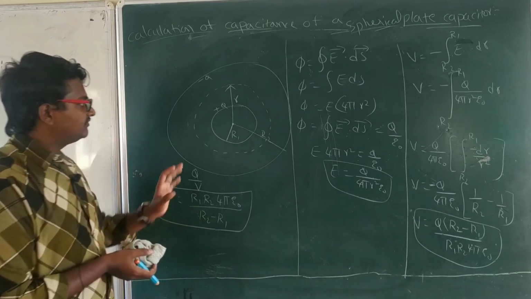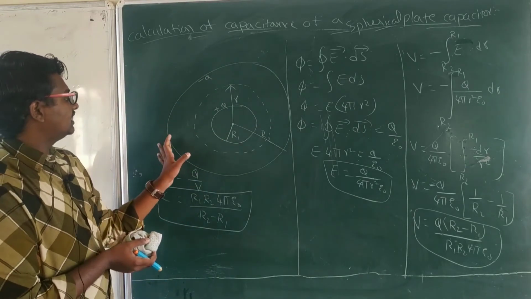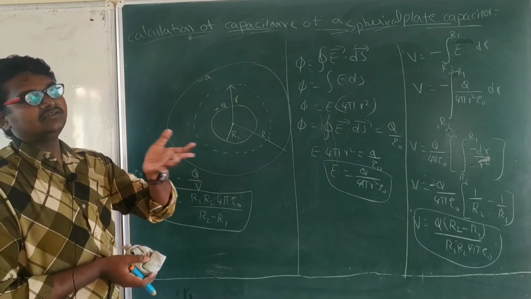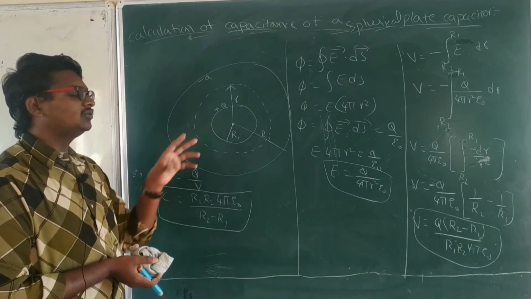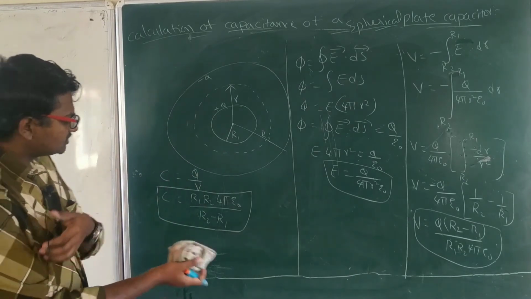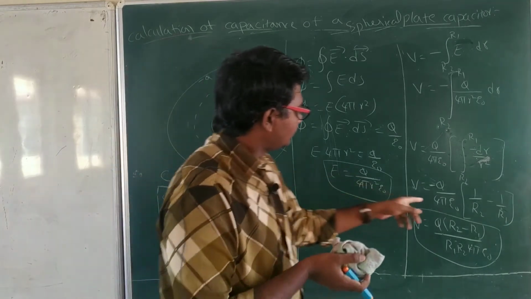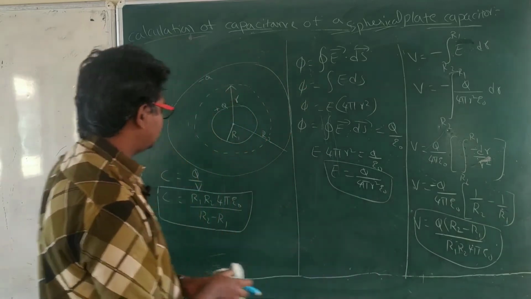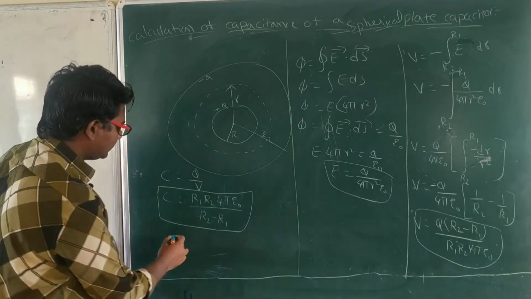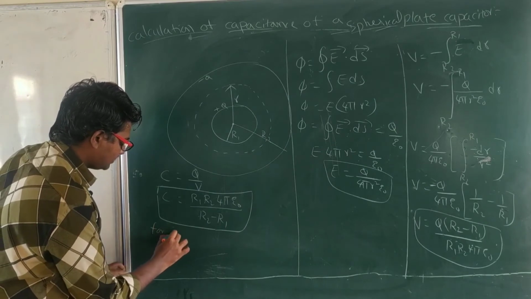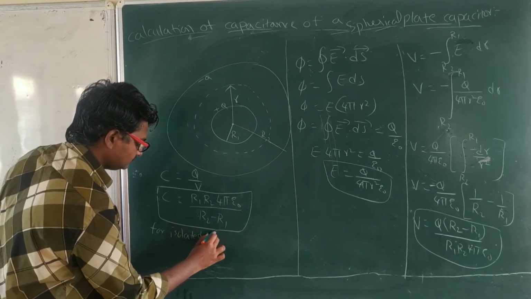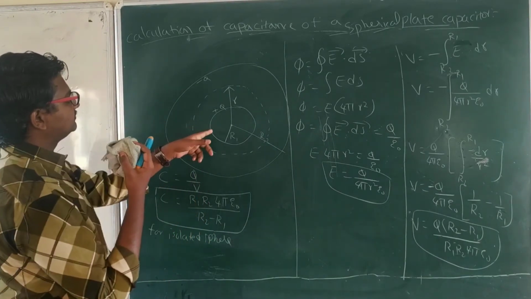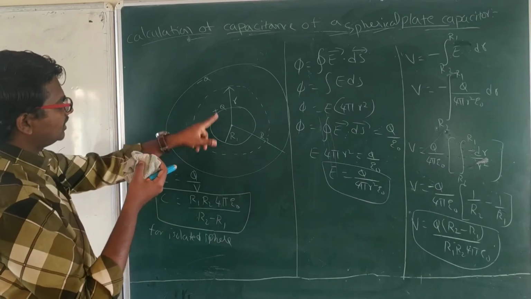For example, if the sphere is isolated, it means the second sphere, the outer sphere, is at infinite distance, so R2 is equal to infinity.